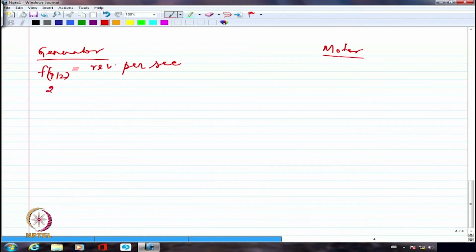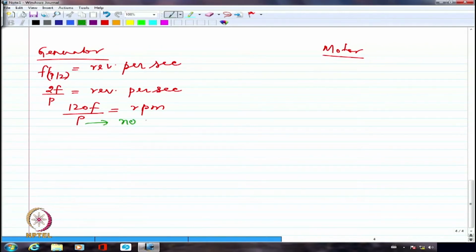Or I would say 2F by P is the revolutions per second. Or I can say 120F by P. Many of the books say this. So 120F by P is the revolutions per minute. This is the synchronous speed, what we were talking about even in the case of induction machine. It is the synchronous speed where P is the number of poles, not pairs of poles. It is number of poles.